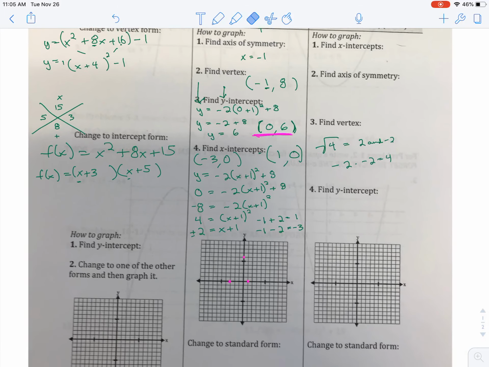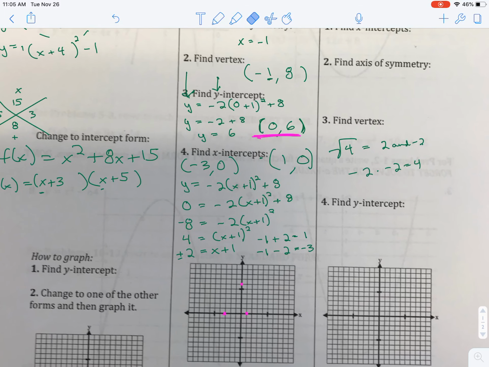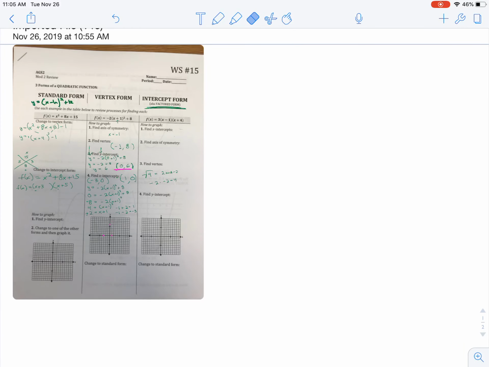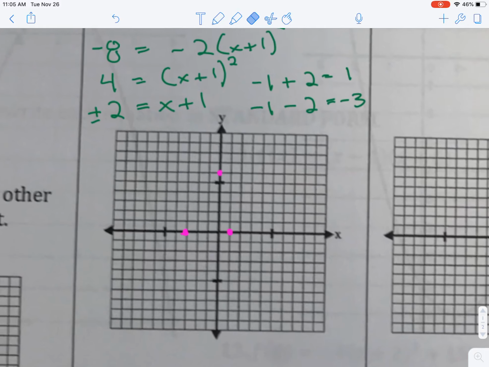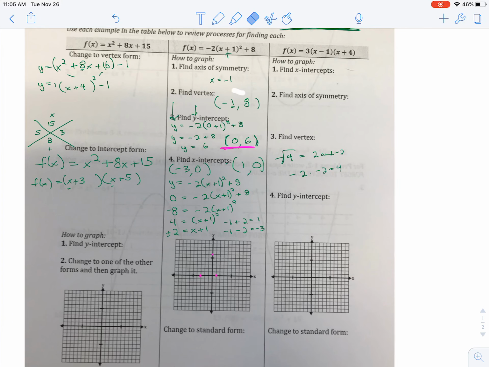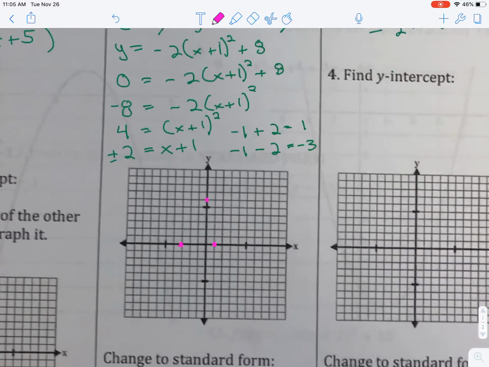So at this time, I'd start thinking about what A is, okay? Well, what's A? A is negative 2, right? So remember, when A is negative 2, it's going to, oh, excuse me. Well, no, wait, do we have the vertex of this or not? Yes, we do. Well, we could just plot the vertex. The vertex is negative 1, positive 8.